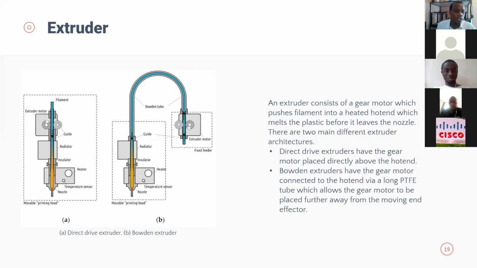There are two types of extruder architecture, basically how they are built. There is the direct extruder, which has a gear placed directly above the hot head.